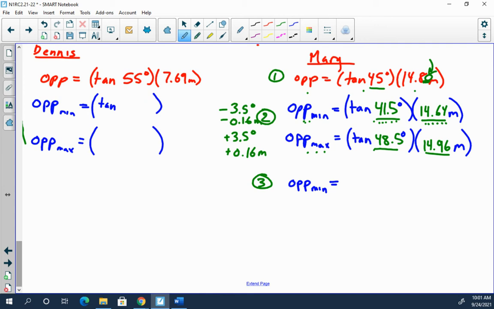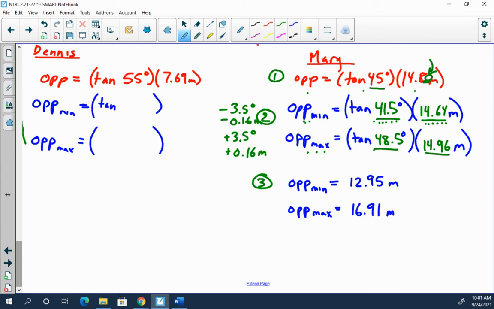That means the minimum that the opposite could have been based on Margaret's group's measurements and the sources of error, and we're not done yet though, is 12.95 meters. This actually is not finalized yet, but based on this so far. And the maximum it could have been based on the measurements and the sources of error, 48.5, let's tangent that, times 14.96, you get 16.91 meters.